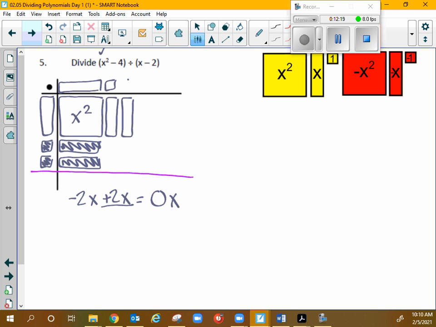So that'll be 2 singles up on the top, which closes out your rectangle with how much? Negative 4. No, because you had negative 2 and you need positive 2. Okay, so what is x squared minus 4 divided by x minus 2? X plus 2.